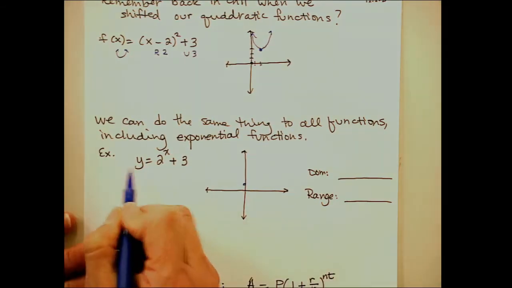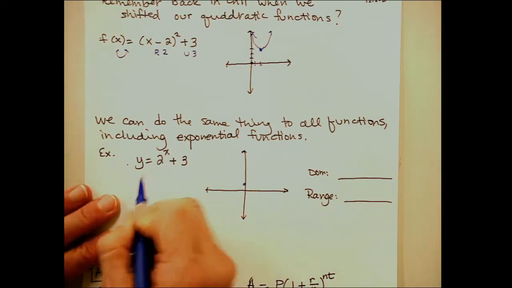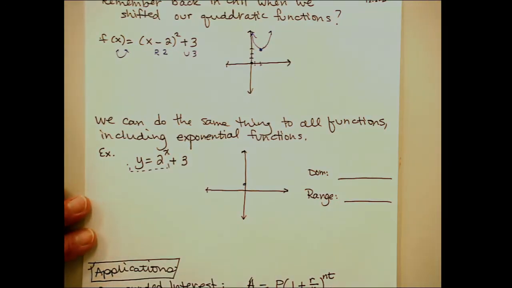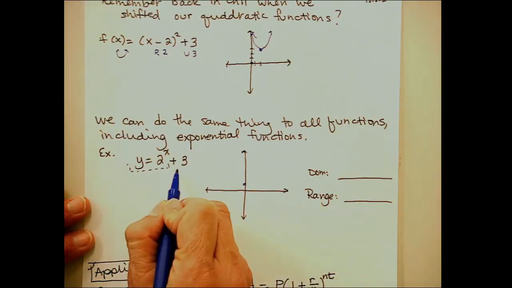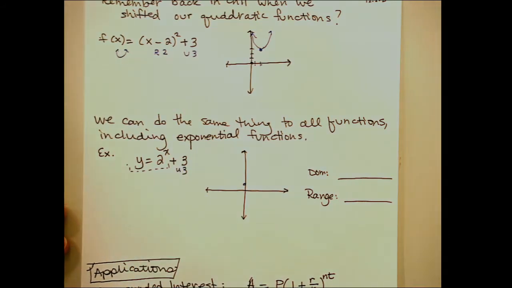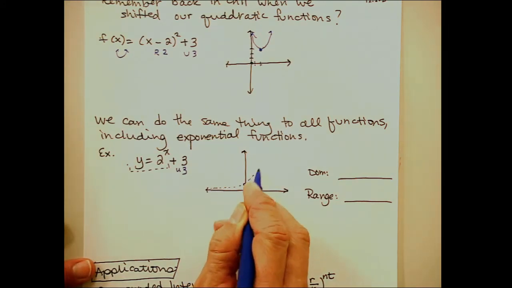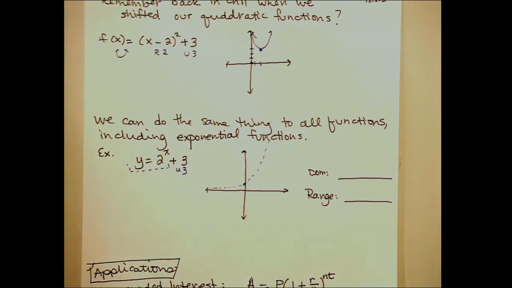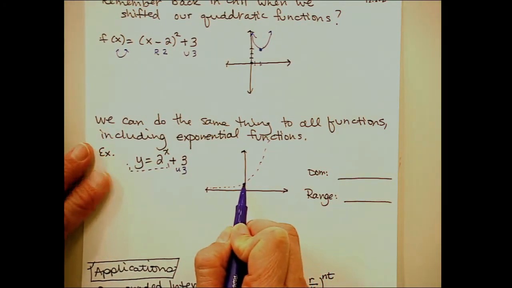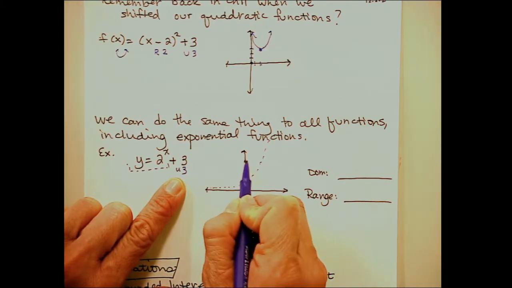Okay, so let's take a look at this guy. Y equals 2 to the x plus 3. So y equals 2 to the x gives me my basic shape, and then what I've done to it is shifted it up 3. I'll do my basic shape in a dotted blue line. Now I'm going to shift this point up 3: 1, 2, 3.